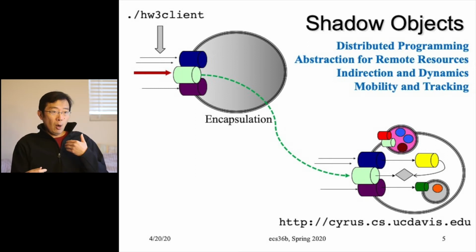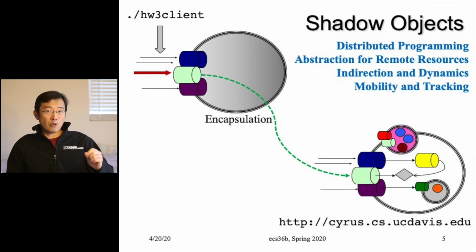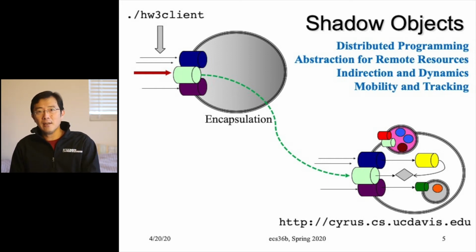Because all I care about is a local copy, which I call shadow, of the entity I would like to interact with. When that particular person moves, the shadow object will track how they move and then send the message to the new locality of the person when they move, say, from New York to Sydney.